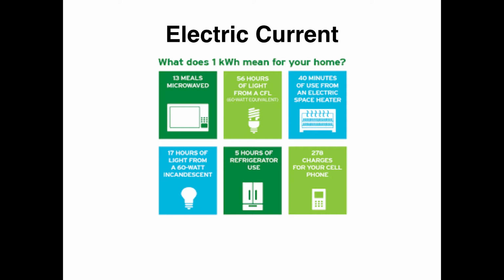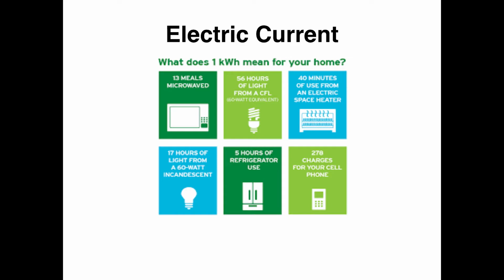It could power a space heater for 40 minutes. It could power an incandescent light bulb for 17 hours. It could operate a refrigerator for 5 hours. Or it could charge your cell phone 278 times. All of these various things can be done with 1 kilowatt hour.